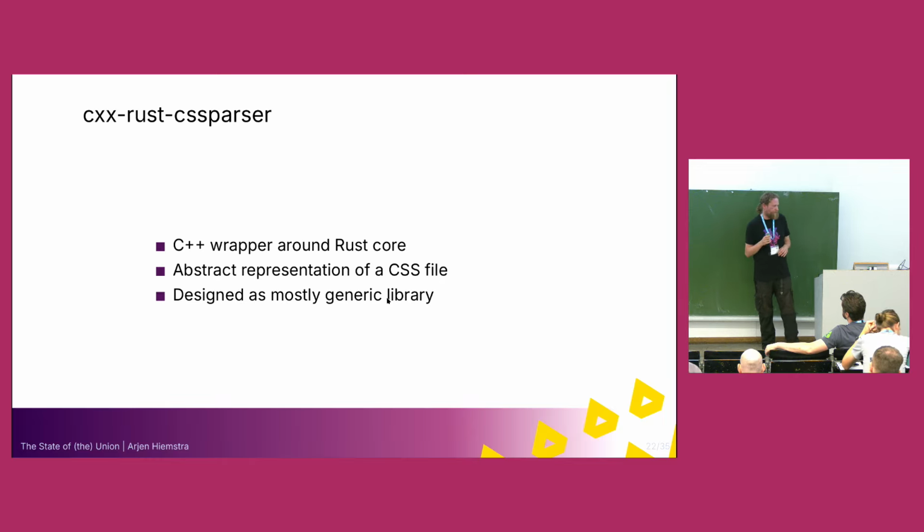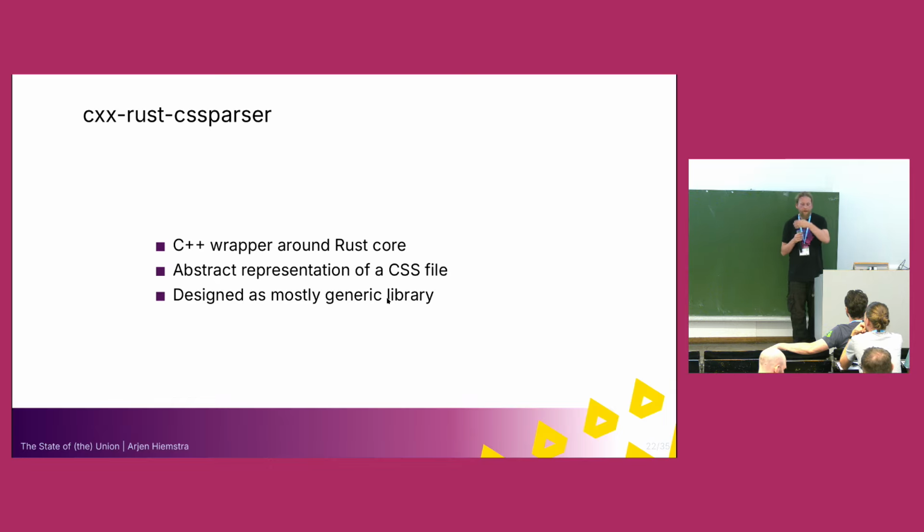It's a library that basically allows you to take a CSS file, have the Rust code take care of the parsing, and then get an abstract representation of the contents of that CSS file out of it, so that you can then do stuff with that. Like, build a styling engine.